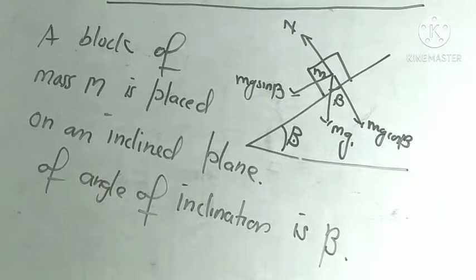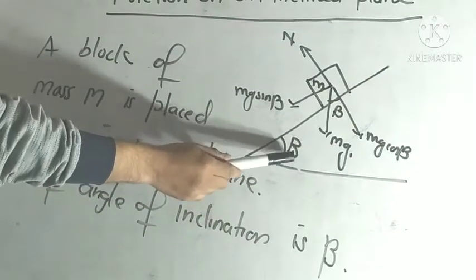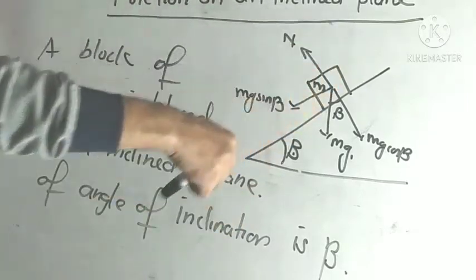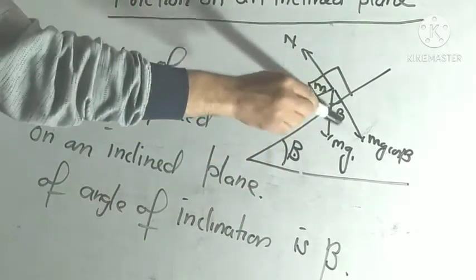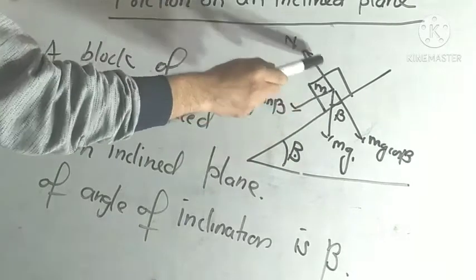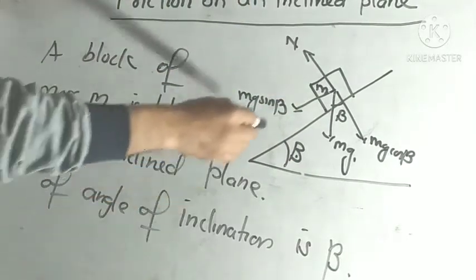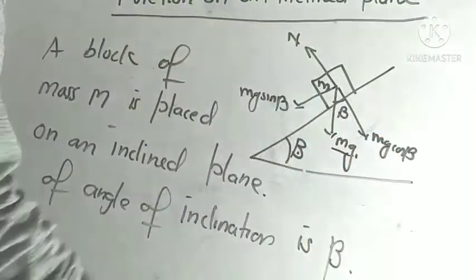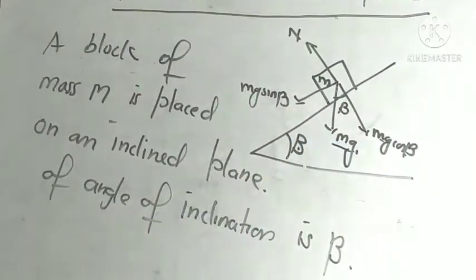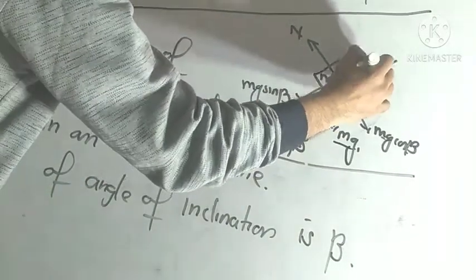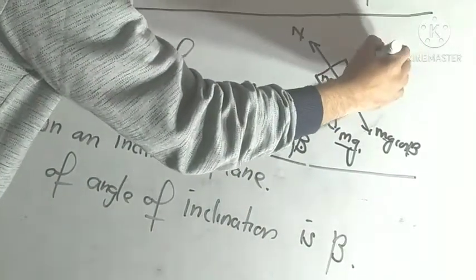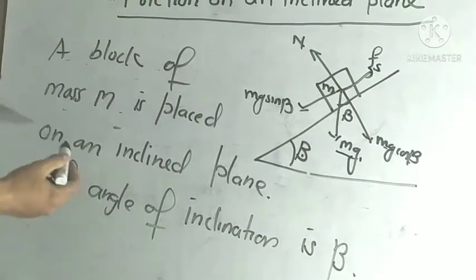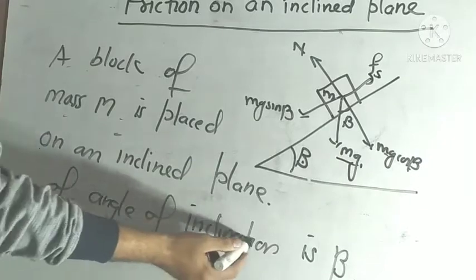We take an inclined plane which makes an angle beta with the horizontal. We put a box having mass m on this inclined plane. The weight of this body works vertically downward and the normal force upward. Here we resolve the weight of this body into two components, mg cos beta and mg sin beta, and the frictional force works along this direction, the right hand side.